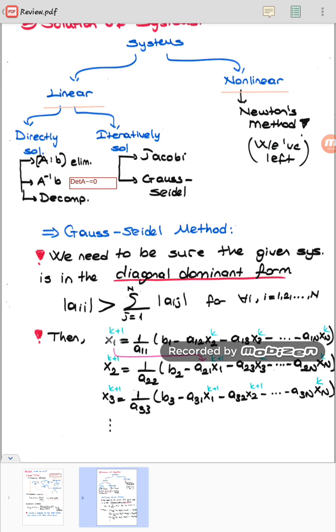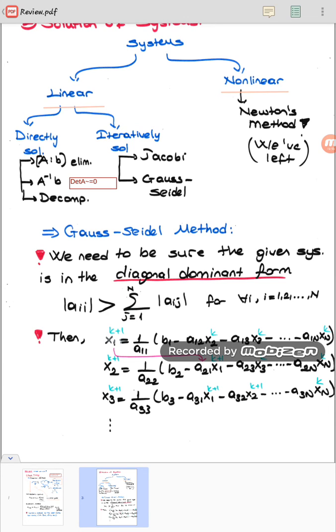Whether Jacobi or Seidel, you need to be sure that the given system is diagonally dominant. Unless otherwise stated, we just accept the strict diagonal dominance, where your diagonal entries will be the biggest in absolute value compared to the summation of the other row elements.